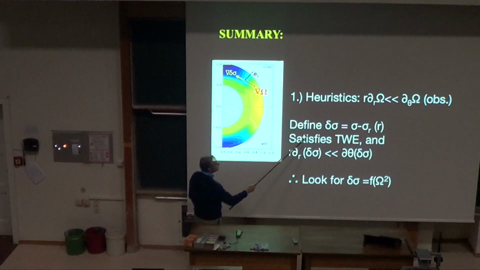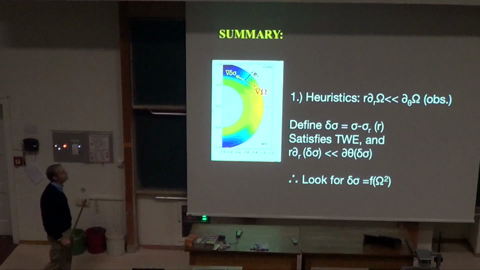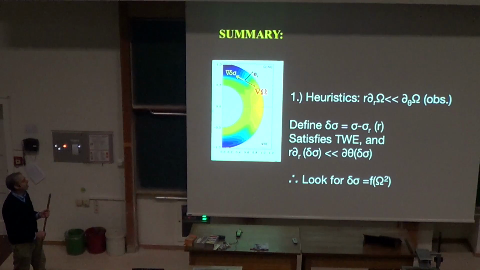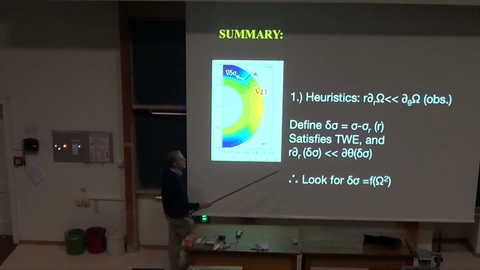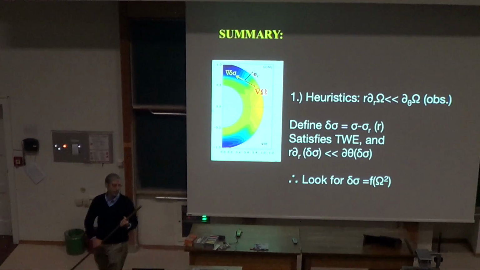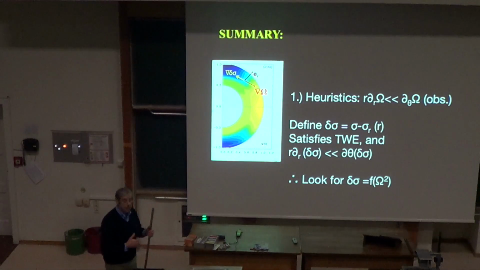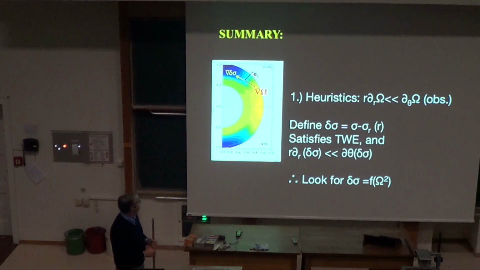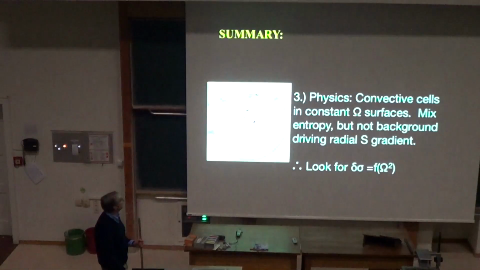If I define a quantity called the residual entropy by subtracting off the background entropy profile, demand that it satisfy the thermal wind equation, and also require that the residual entropy be a function of theta as well, that motivates me to look for solutions in precisely this form. There are mathematical arguments that suggest this.